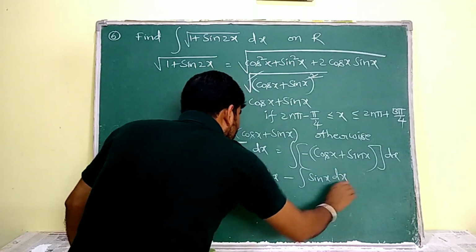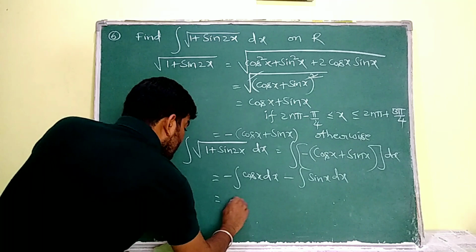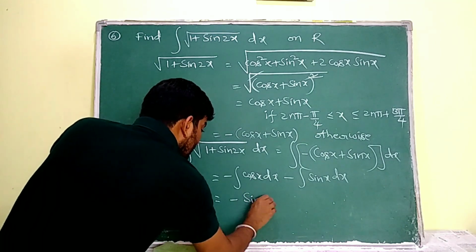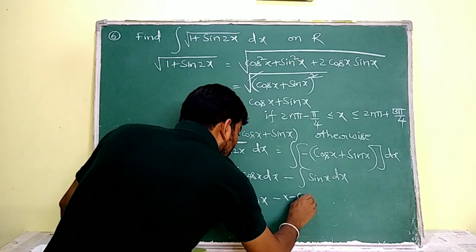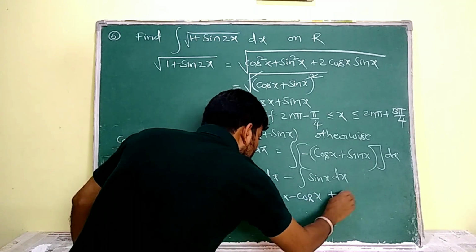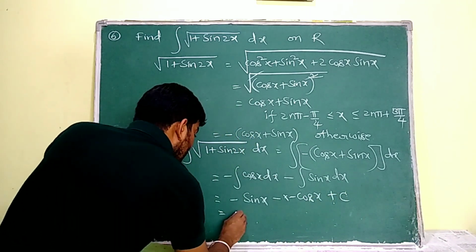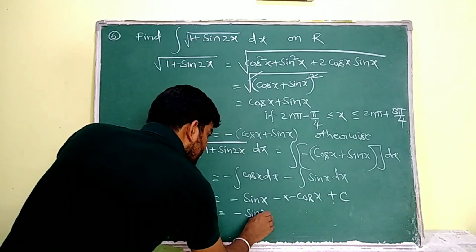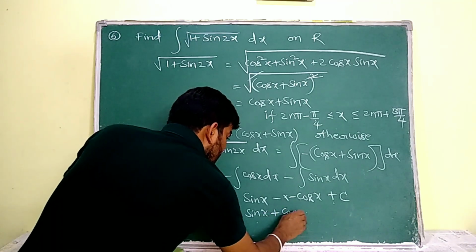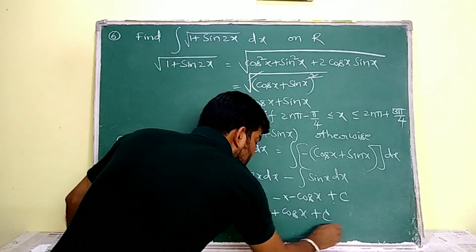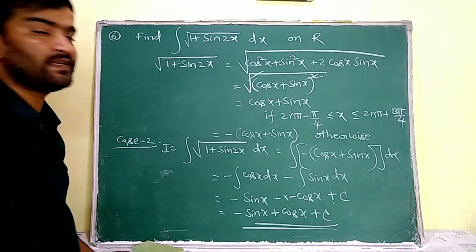We know that integral cos x means sin x and integral sin x means minus cos x plus c, that is minus sin x plus cos x plus c is the answer of the second case.